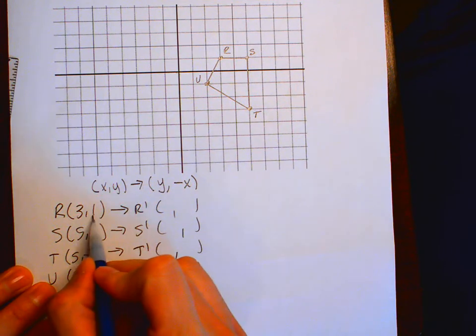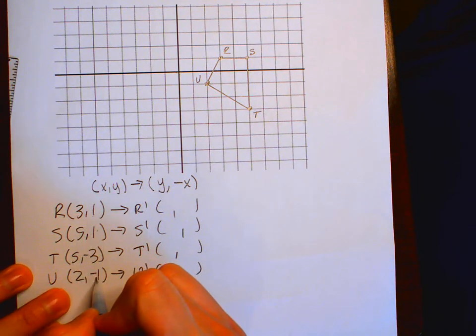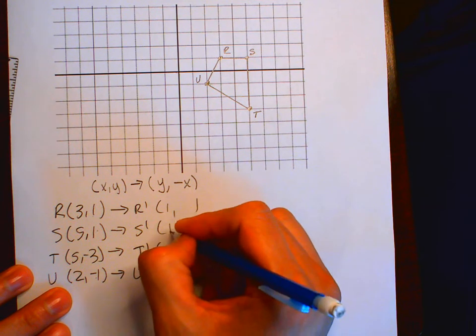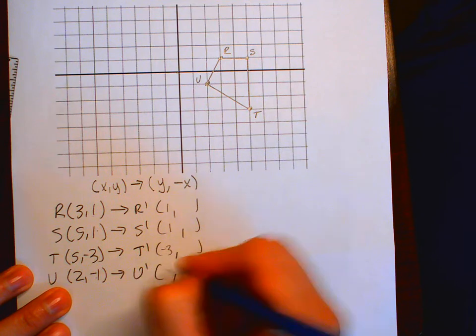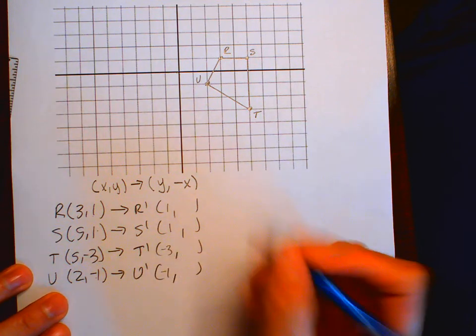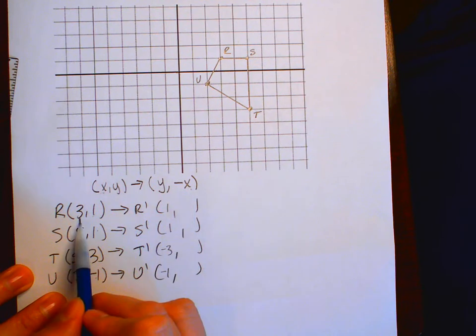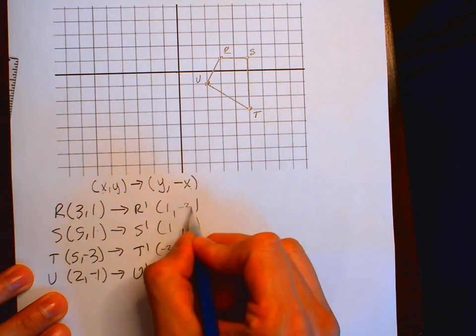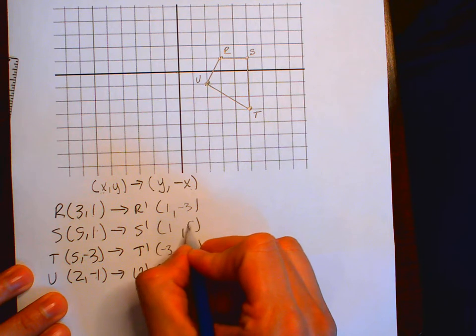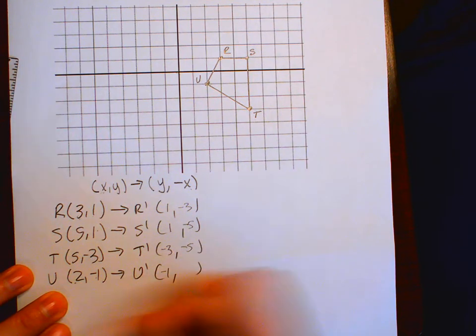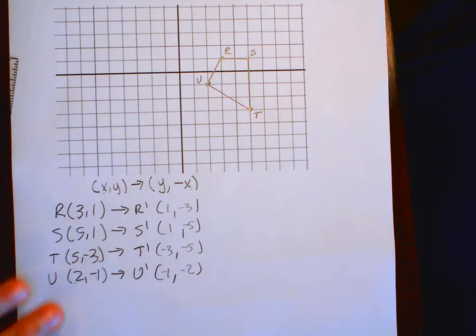So that would be 1, 1, -3, -1, unchanged, goes in the x value. Now the x value goes in place of the y value, but it changes to the opposite. So instead of 3, you get -3. Instead of 5, you get -5. Instead of 5, you get -5. And instead of 2, you get -2.